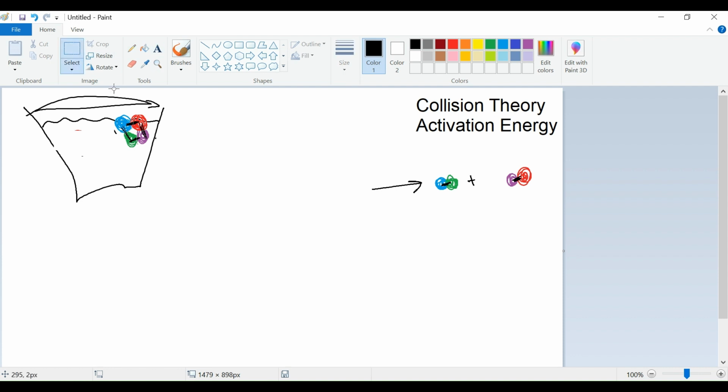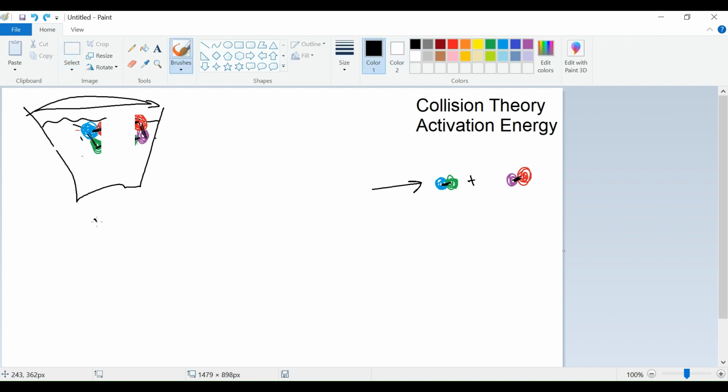And so then these can break apart, and I'll have my products. Now I've got my red-purple product and my blue-green product. So a couple of things happened there. I know my diagram got pretty messy, but a couple of important things happened there.